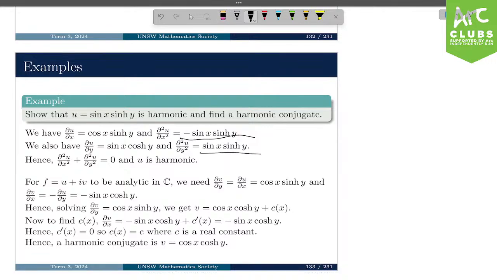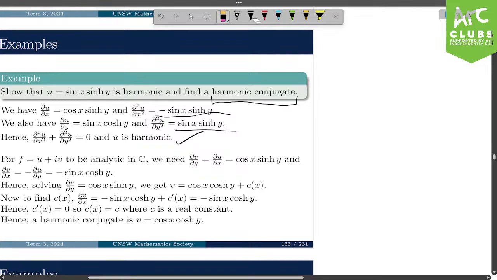We perform the other double differentiation, we get the negative of it, and the sum must be 0. Fantastic. It is harmonic. Now we find the harmonic conjugate, so we determine du/dx, which becomes dv/dy, and so this will actually give us the function in terms of y.